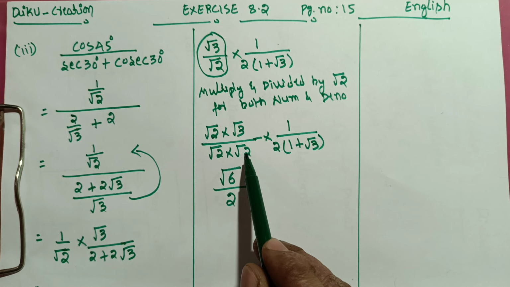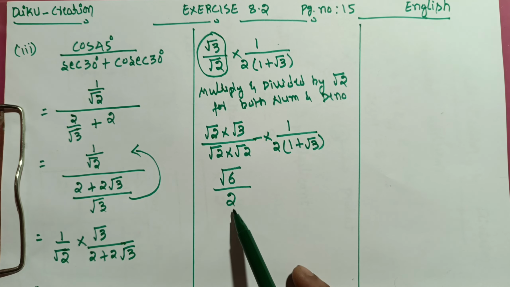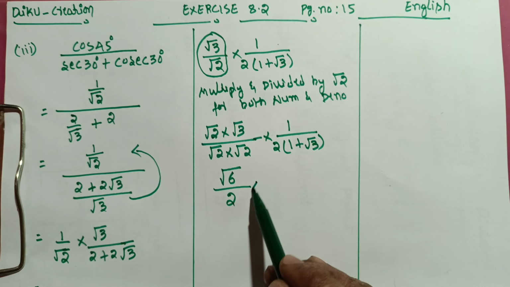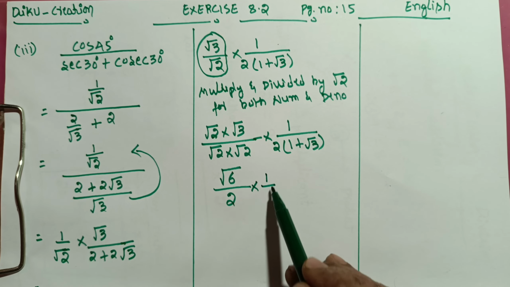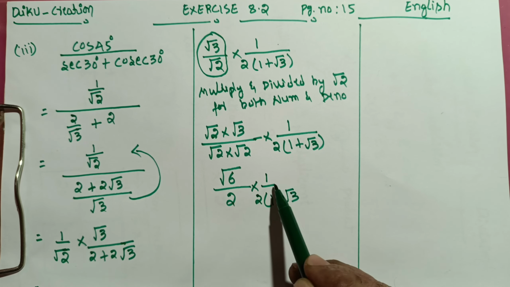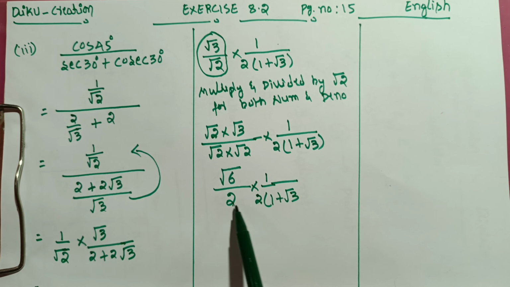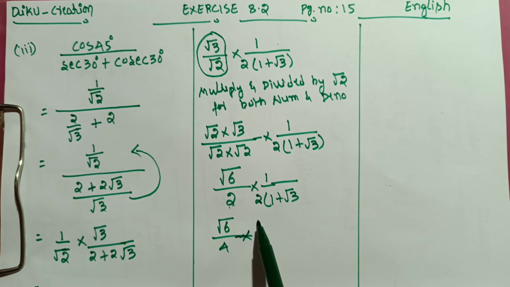If you take the square root of 4, it is going to be 2, into 1 divided by 2 into 1 plus root 3 as it is. So now I will multiply these two with these two. Root 6 divided by 2 into 2 is 4, into 1 divided by 1 plus root 3.